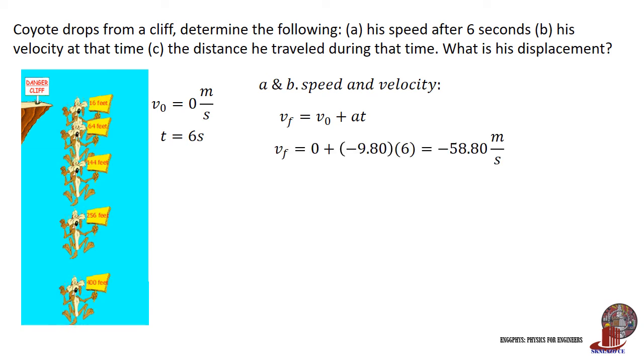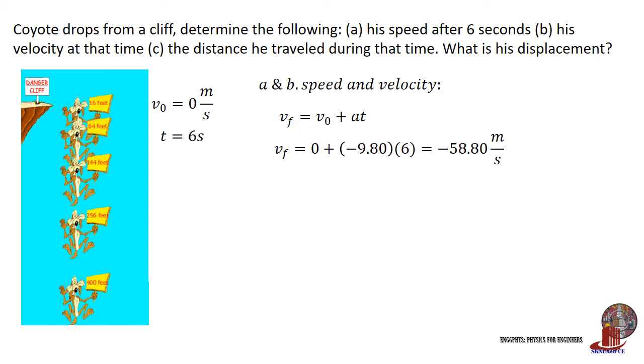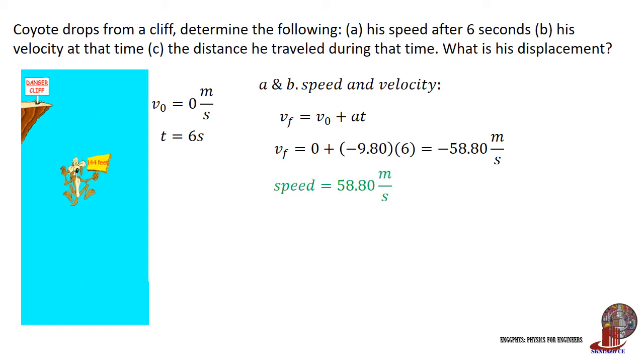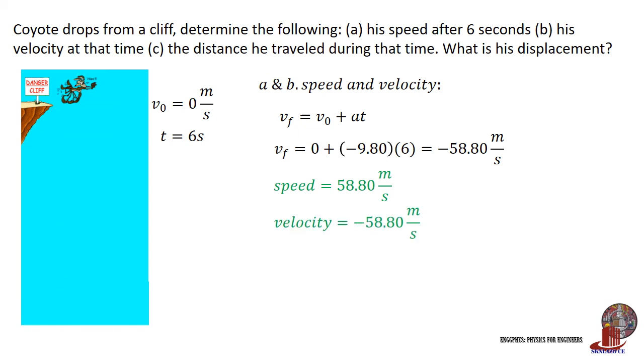Acceleration due to gravity will always be negative 9.8 meters per square second, and the given time of 6 seconds, giving us the answer negative 58.8 meters per second. With the answer, we take the speed as positive 58.8 meters per second, while velocity as negative 58.8 meters per second, showing that Coyote was moving downwards.